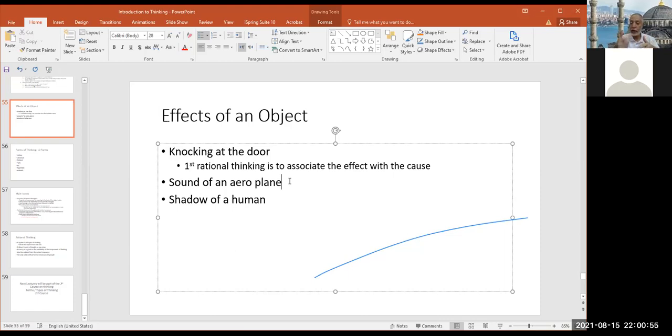Because of the nature of the sound, the variations in the frequencies coming, and the sound traveling away from my ears at a certain speed. All of these are pieces of information that allow me to make a judgment. It's the sound of an airplane flying in the skies above me.